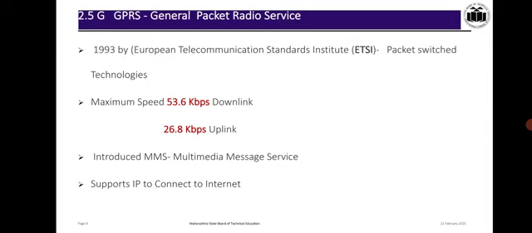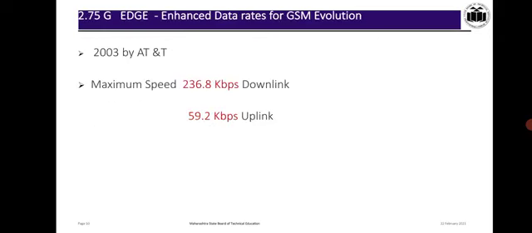Because of this technology, MMS, the multimedia message service, was introduced, and it supports the internet protocol to connect to the internet. The 2.75G uses the technology called EDGE. It was introduced in 2003 by AT&T, and the maximum uplink and downlink speeds are given here.